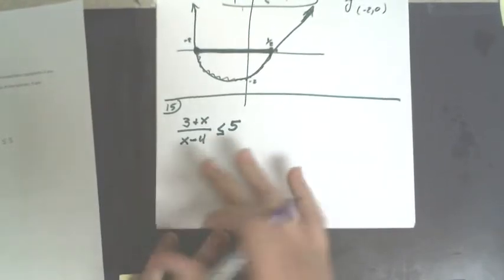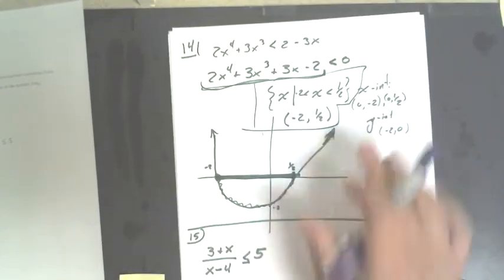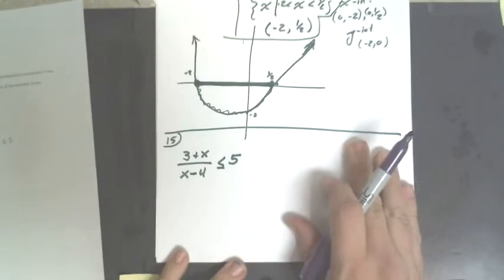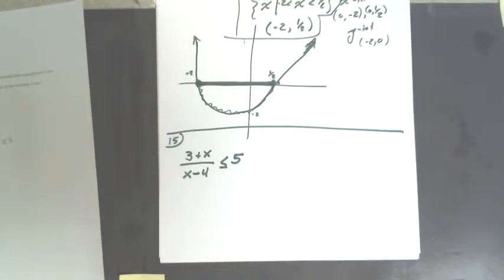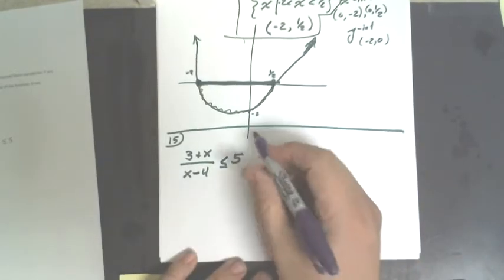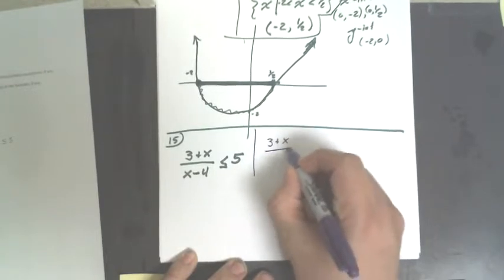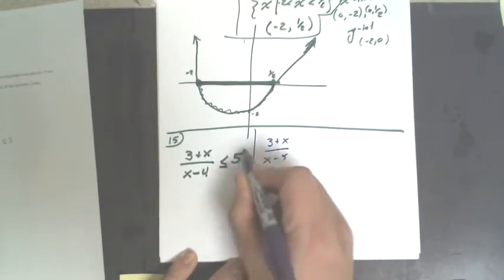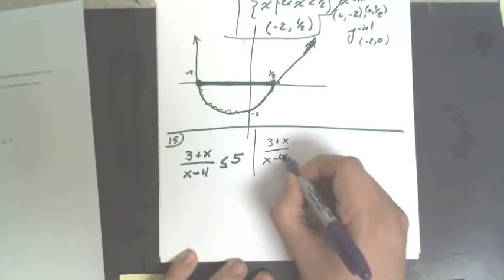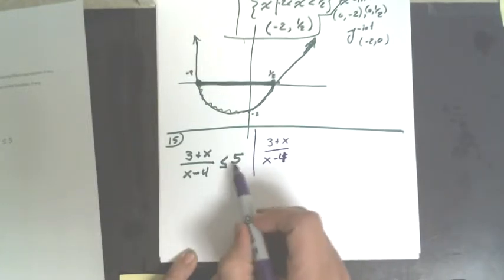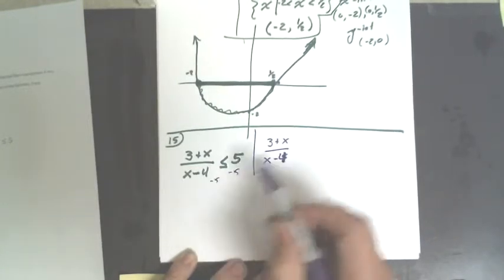But we still want to be able to solve this. So just like up here, we essentially want to set it to 0. When you can't isolate purely, set things to 0. How do we set it to 0? Well, we need this side to be 0, so subtract 5 from both sides.